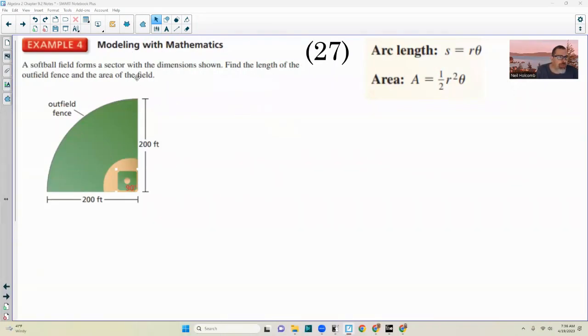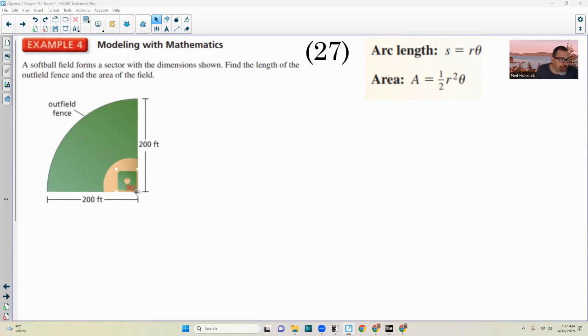Here's example 4, modeling with mathematics. A softball field forms a sector with dimensions shown. A sector is an area, so the ball field is an area. The outfield fence is the circumference, the outside of the circle.